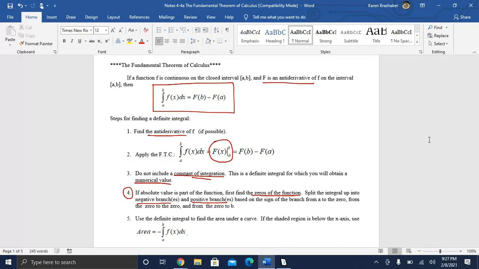If you're asked to find area under the curve, that is nothing more than finding the integral. But if that shaded region is below the x-axis, then you use the negative of that integral. So we'll take a look at your first example.